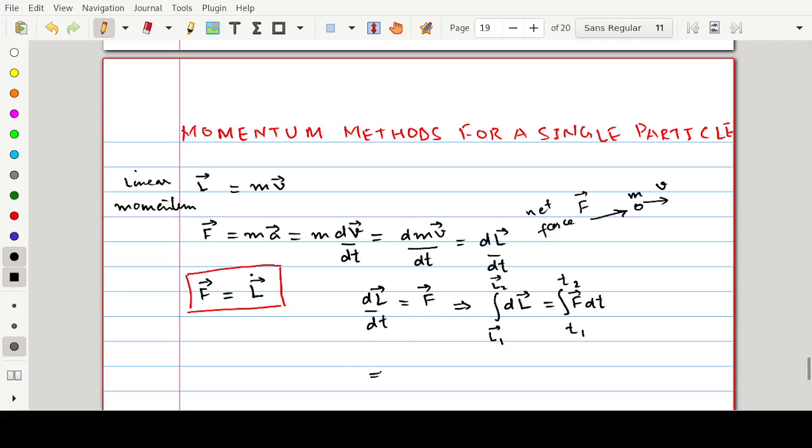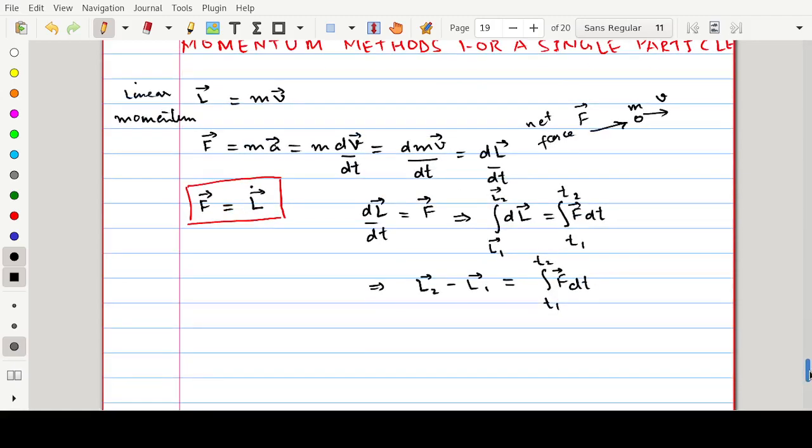So I'll get from here L2 minus L1 is equal to the integral of F between the interval t1 and t2. This quantity, the integral of net force within an interval, is called impulse or linear impulse.